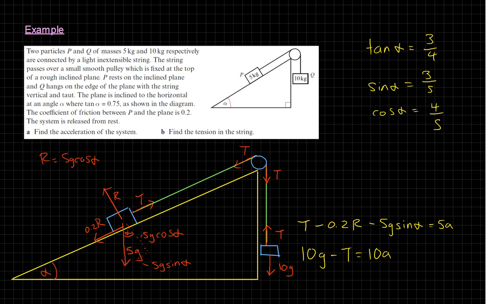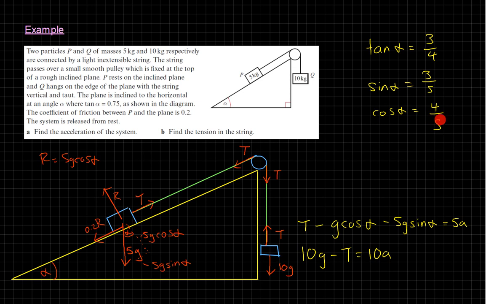I'm going to replace that R with 5g cos alpha. Now 0.2 times 5, that's actually just 1, isn't it? So 0.2 times 5g cos alpha is just going to give me g cos alpha. Great. Now let's substitute in the sine alphas and cos alphas that we worked out earlier.